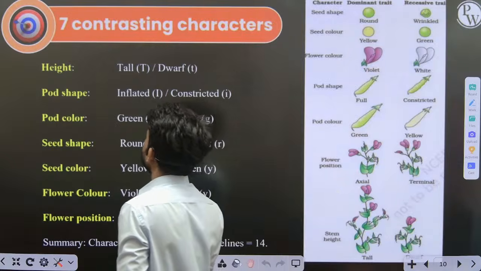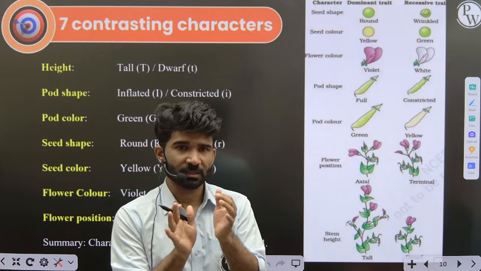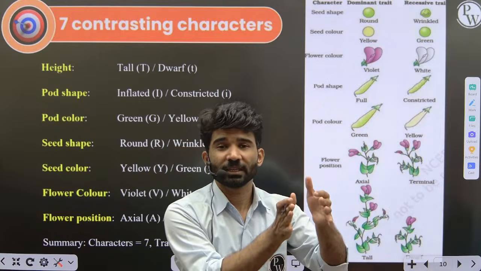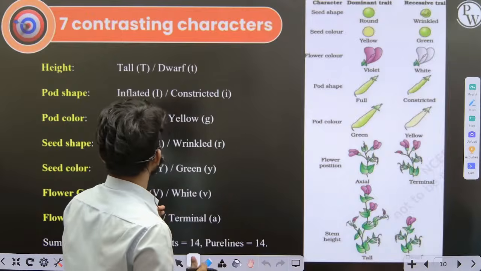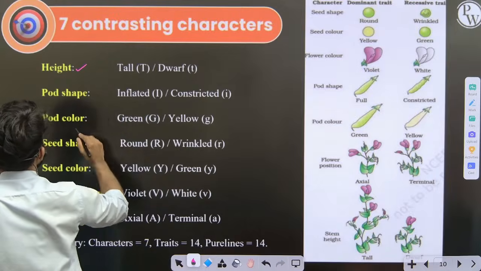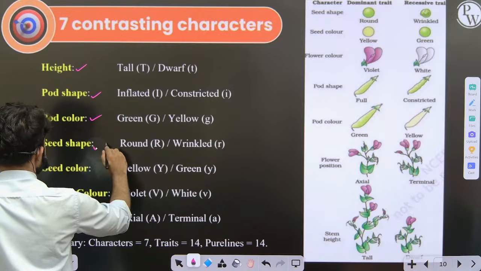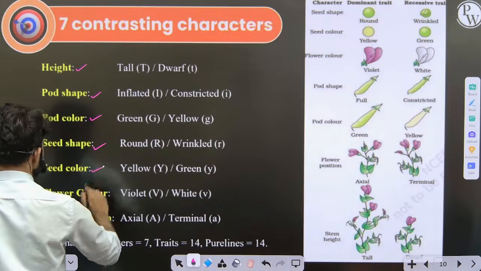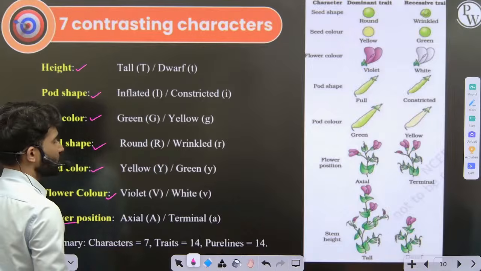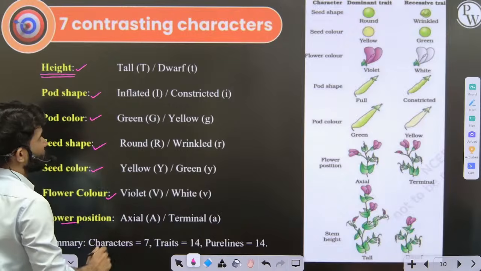What are those 7 contrasting characters? Only 7 characters have 14 contrasting traits. The first character is height, with opposite traits.